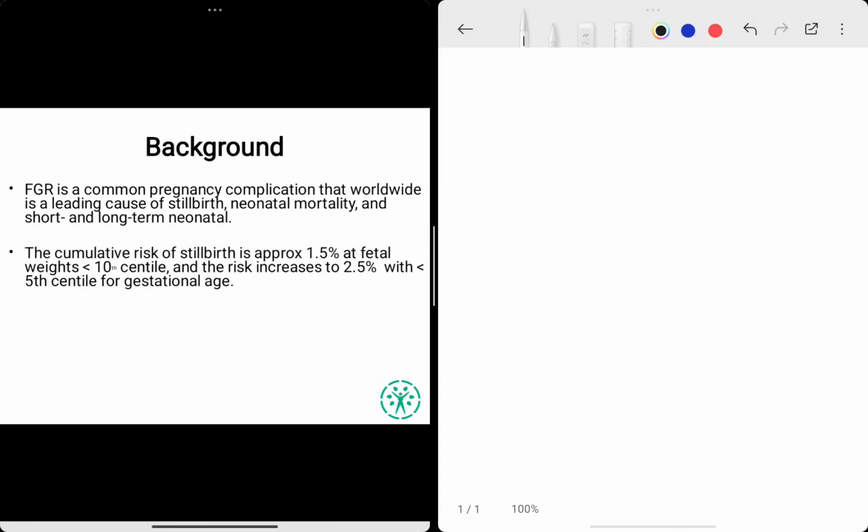Now FGR is a common pregnancy complication that worldwide is the leading cause of stillbirth, neonatal mortality and short-term and long-term neonatal complications. The cumulative risk is approximately 1.5% at fetal weight less than 10th centile and increases to 2.5% if the gestational age fetal centile is less than 5th centile.